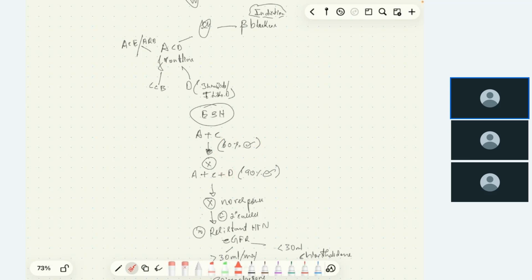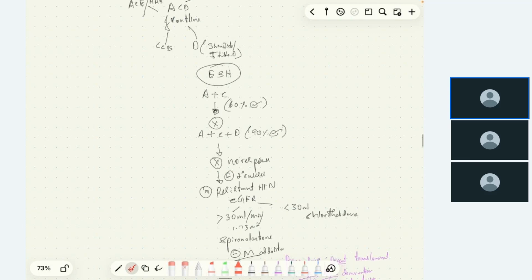After giving A, C and D, 90% of patients respond. The remaining 10% will not respond to all this treatment. If they don't respond to ACD, please check for secondary causes of hypertension.